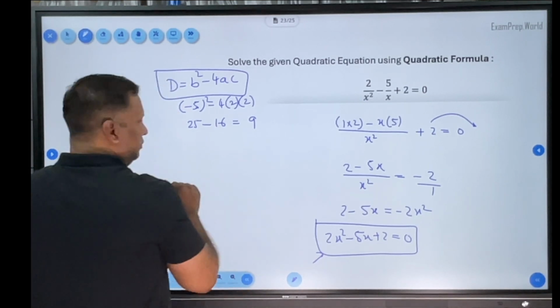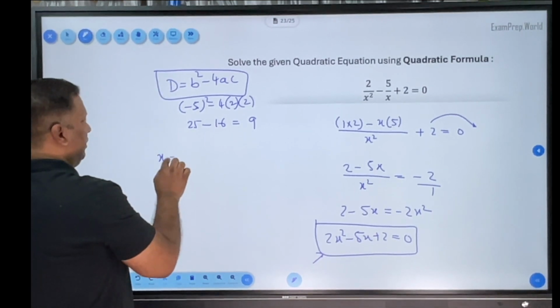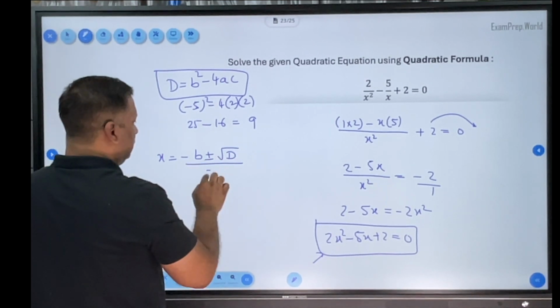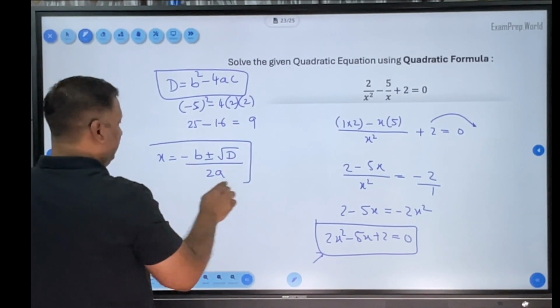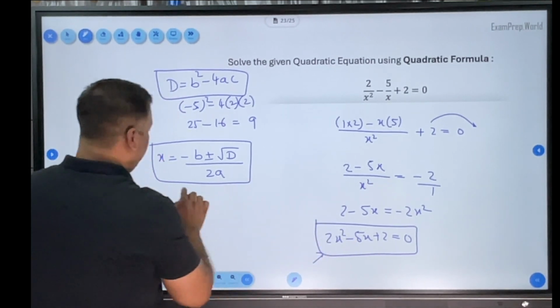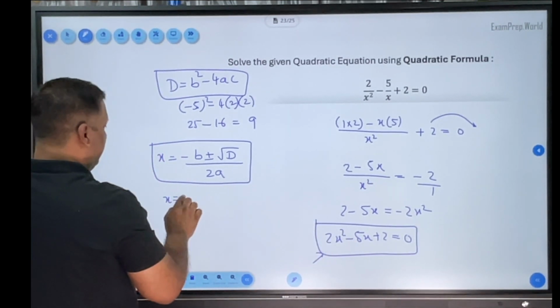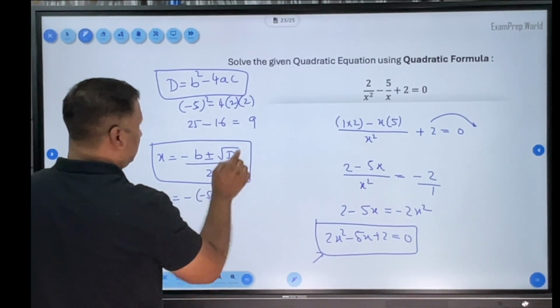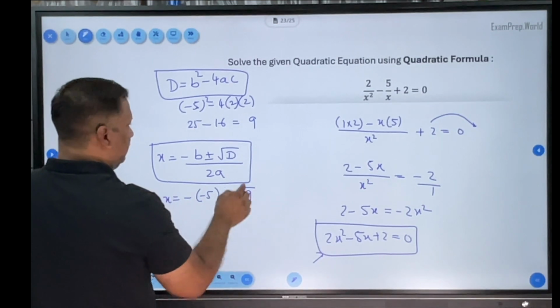Let's solve. So our x will be equal to minus b plus minus root of d over 2a. This is our quadratic formula. Let's input our values here. b is negative 5. So x will be equal to minus of minus 5 plus minus root of d. d is 9.